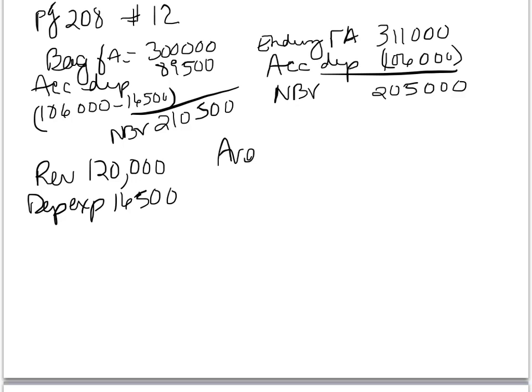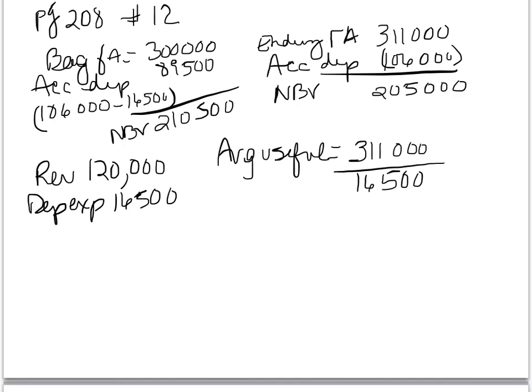So the first one that we're going to go ahead and take a look at is the average useful life. So average useful life equals the ending fixed assets. So the average useful life of fixed assets is going to be the ending fixed assets divided by the depreciation, which is 16,500, equals 18.8 years.